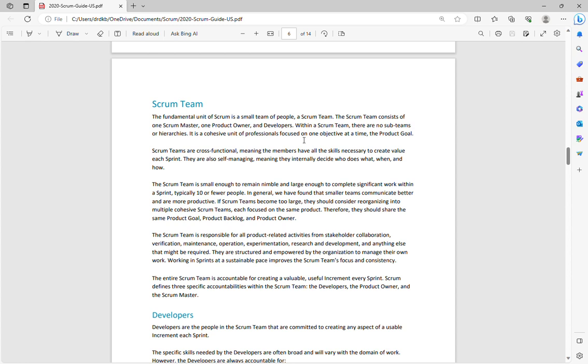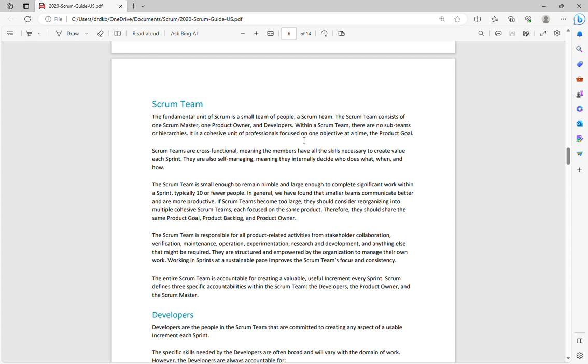When we say developers here, developers are the individuals with various skills and competencies. Like it could include developers, testers, designers, BAs and other roles that are needed to deliver the product basically.